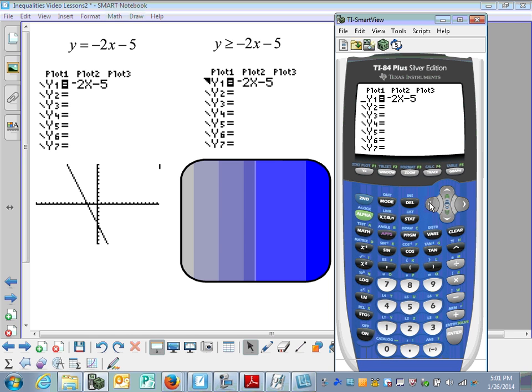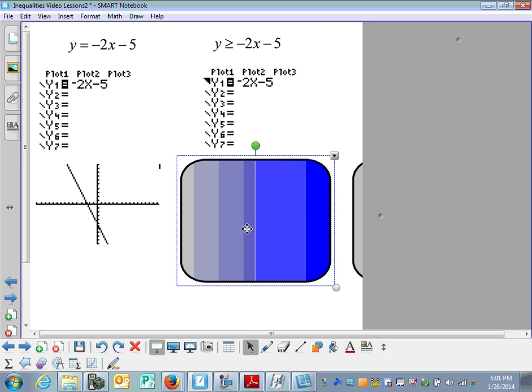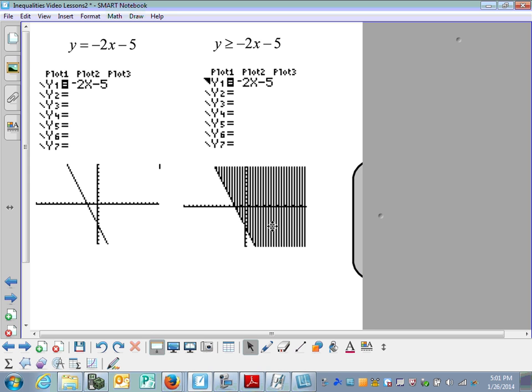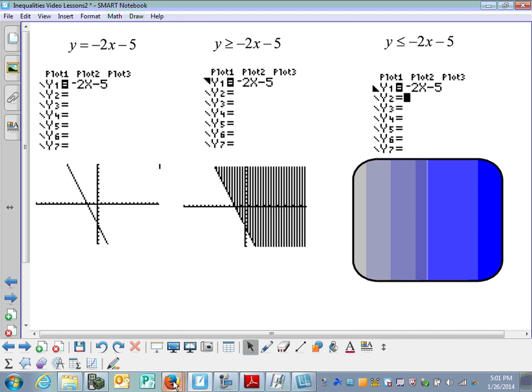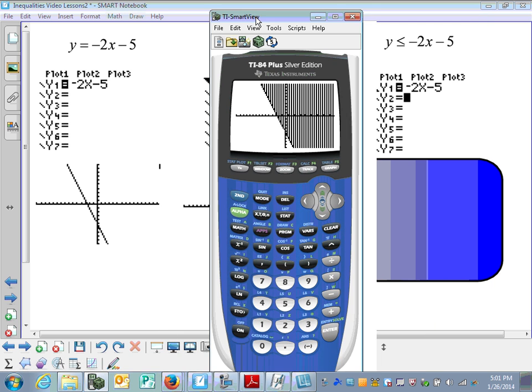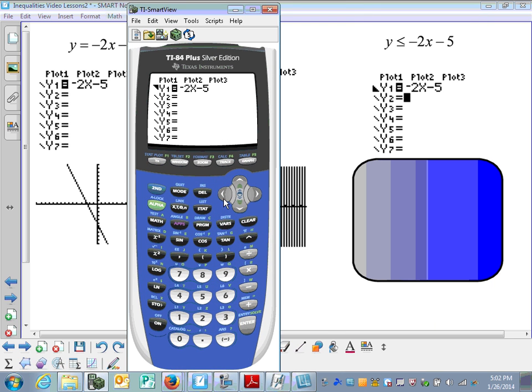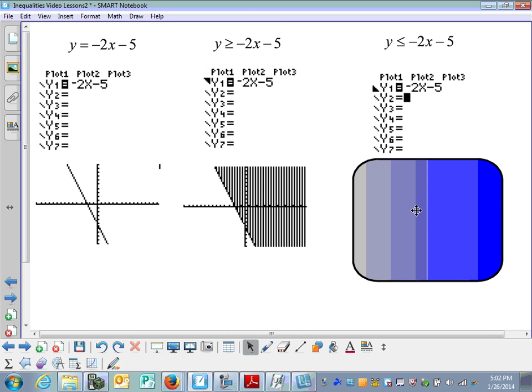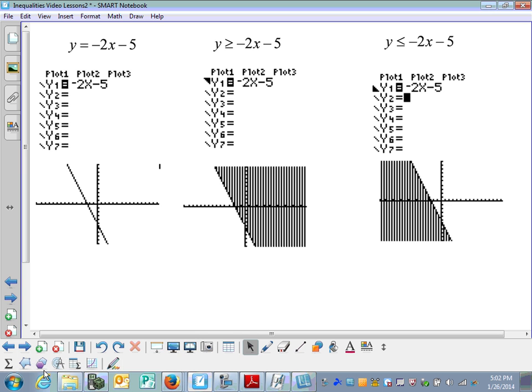So I'm going to toggle to the left to the triangle that's above the line. Hit graph. It should look like that. And we'll go ahead and do y is less than negative 2x minus 5. So go into y equals, and I just need to change my symbol to shade below the line. And it should look like that.